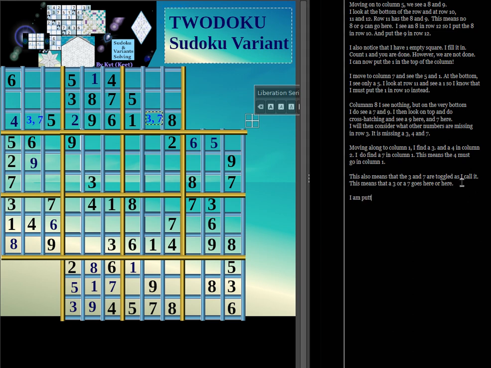I am putting them in anyway, as pencil marks. I then look at the top row and see that a 3 or a 7 can go there also.